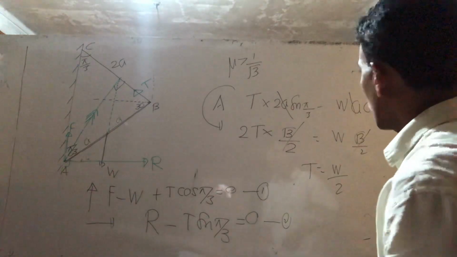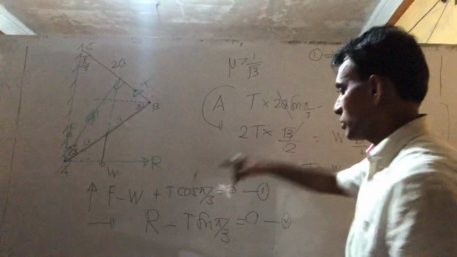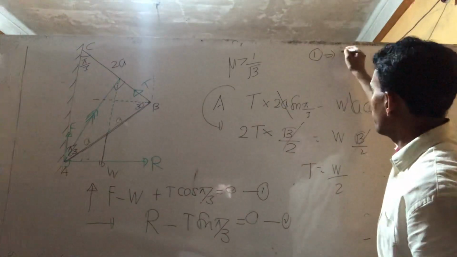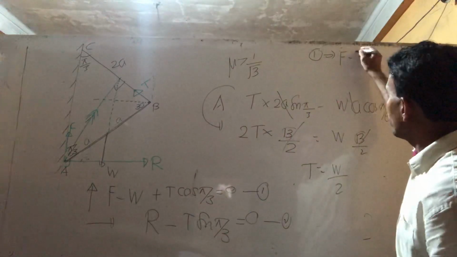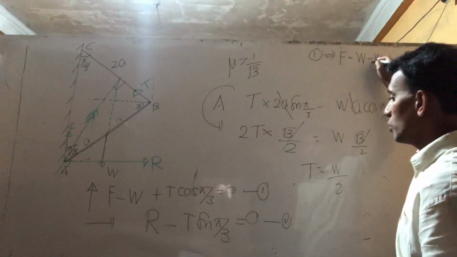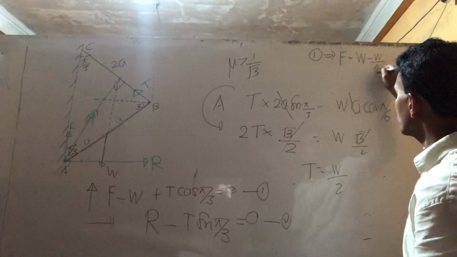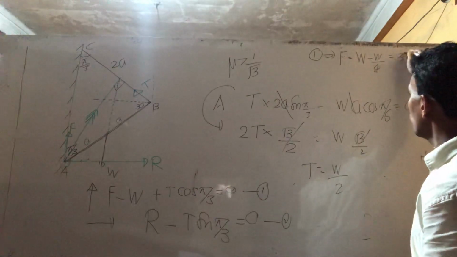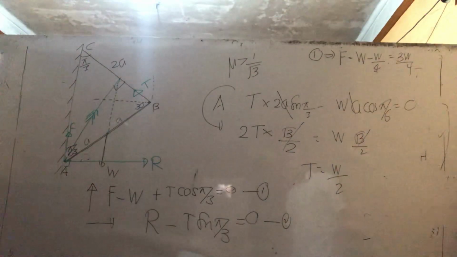Then from the first equation, what is F equal to? W minus T, W by 2, cos 60, half. So W by 4. So F is 3W over 4.